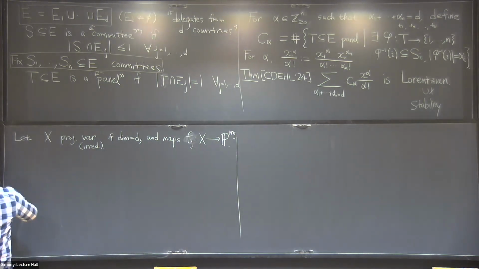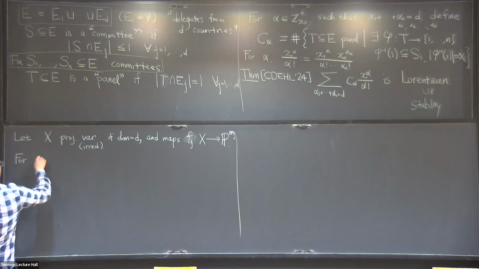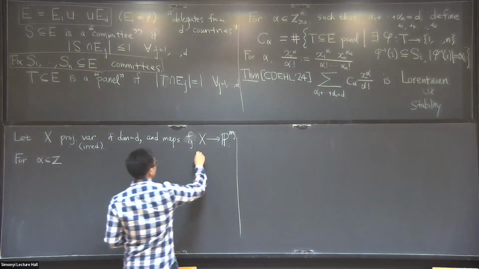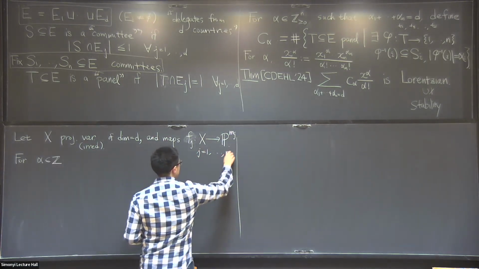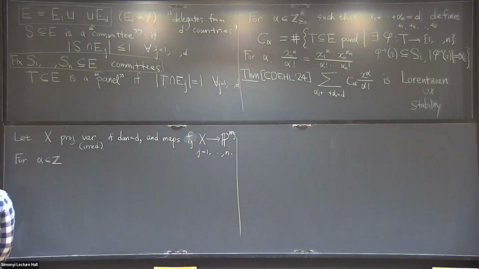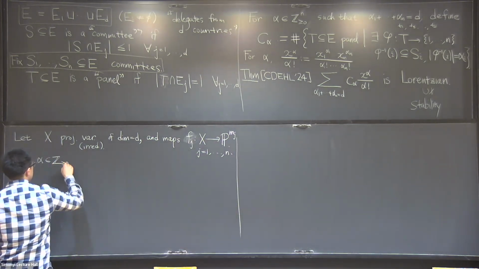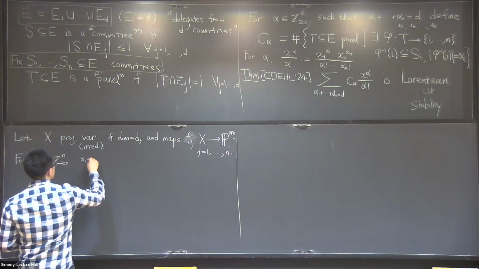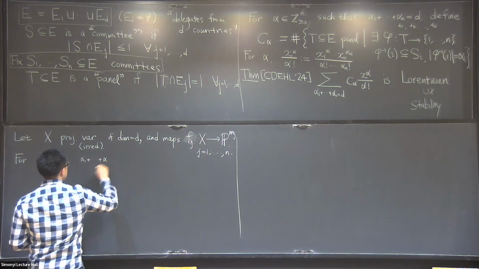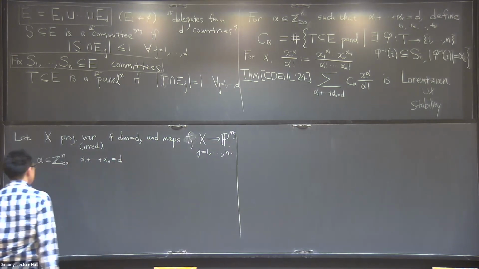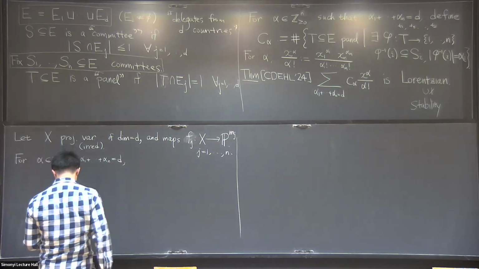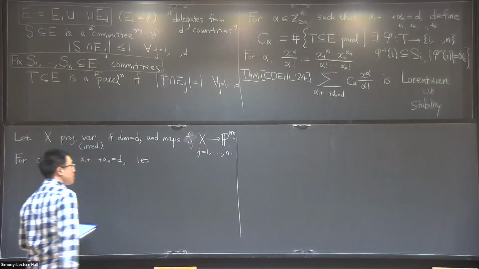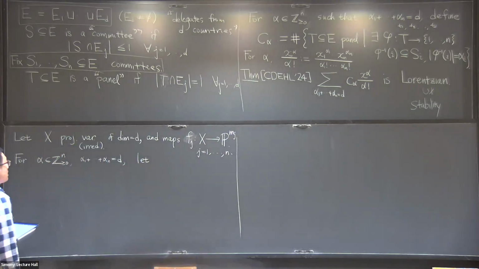And what do we want to count? Let's say I have n such maps, indexed by j. So let's consider an n-tuple of non-negative vectors such that their coordinate sum equals D. We're going to define some quantity.